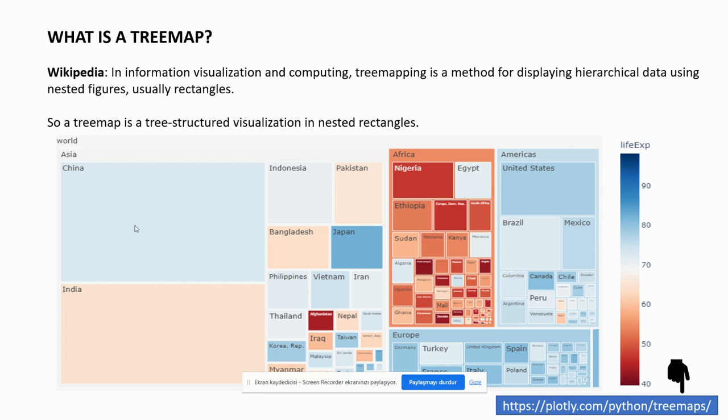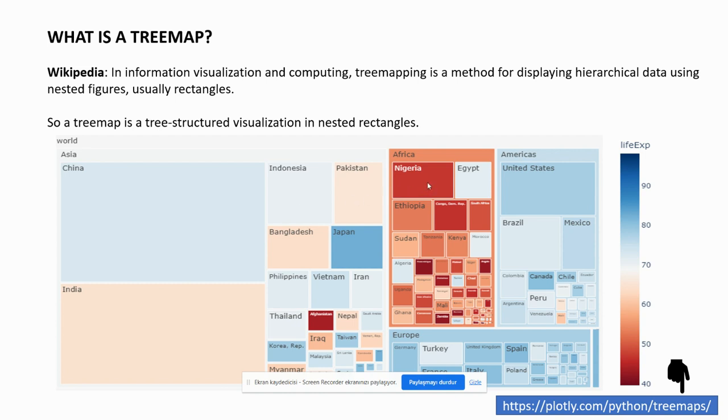The rectangle sizes show the population of the countries. You can see China and India are the most populated countries. And as per the color scale, you can see life expectancy. The red ones are the countries with the lowest life expectancy, while the blue ones are the highest.